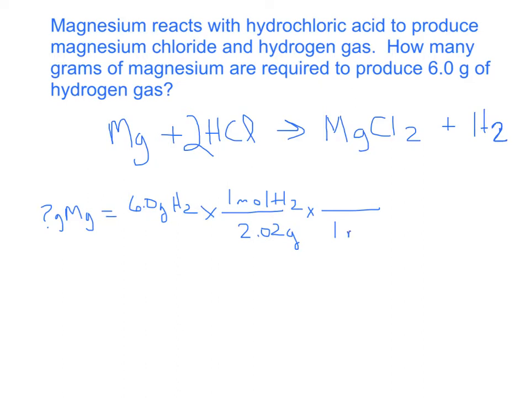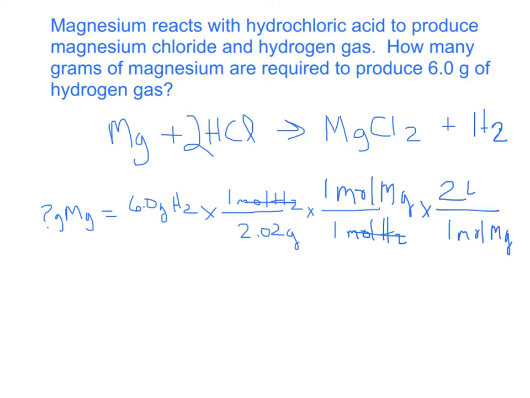So 1 mole H2 is going to come from 1 mole of magnesium. So they are equimolar, we say. All right, and then a mole of magnesium has the molar mass of 24.3 grams right off the periodic table.